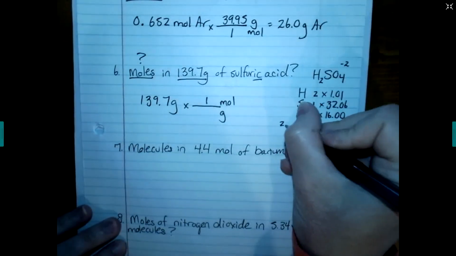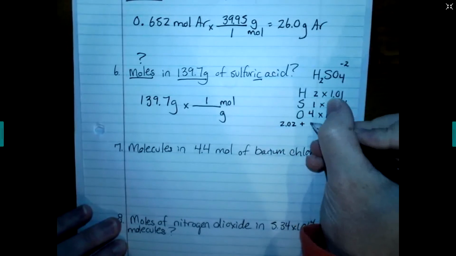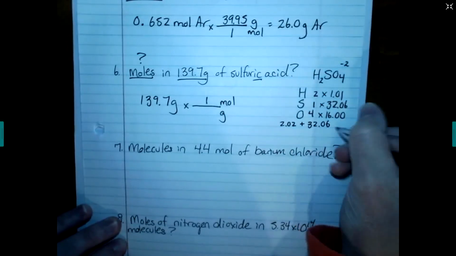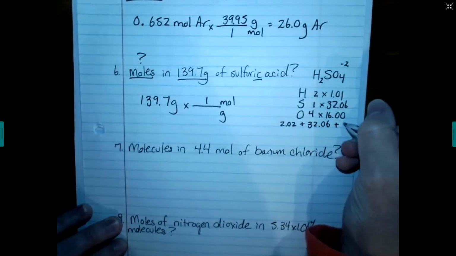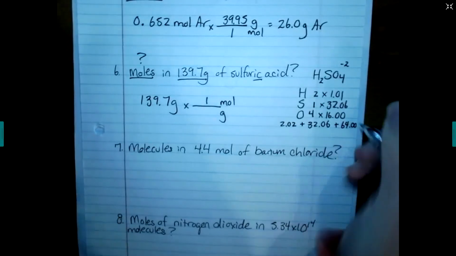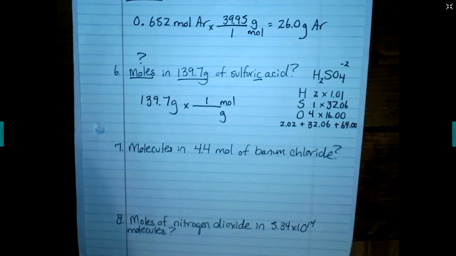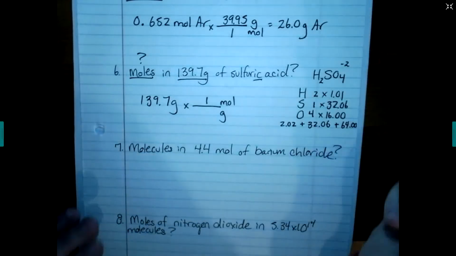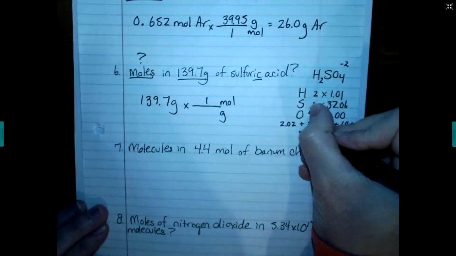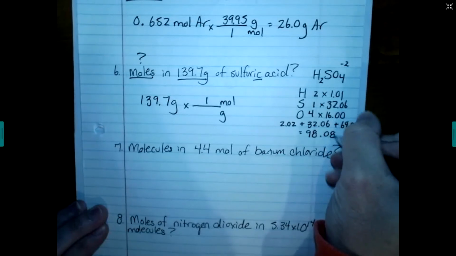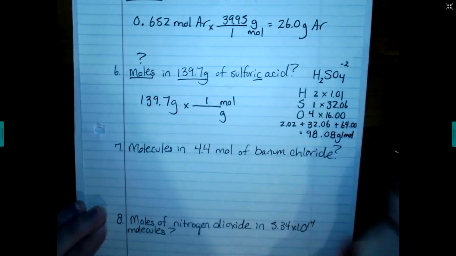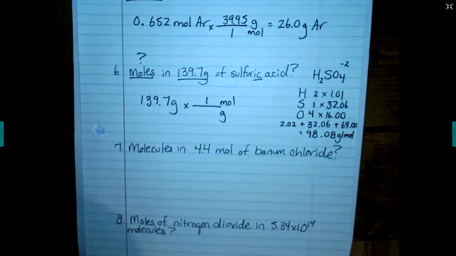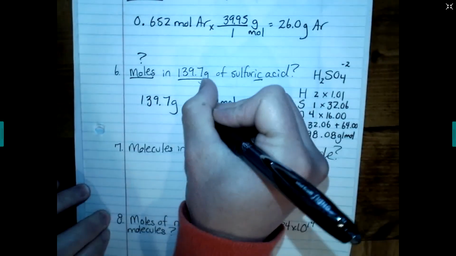So 2.02 plus 32.06 plus 64. And you get 98.08 grams per mole. And we're going to be putting that next to grams.